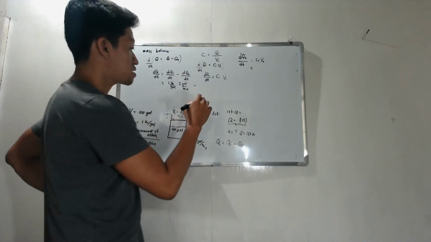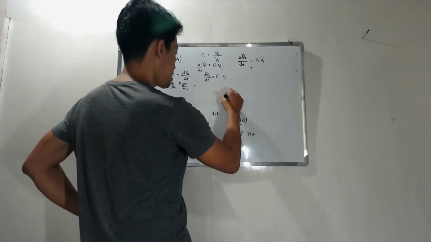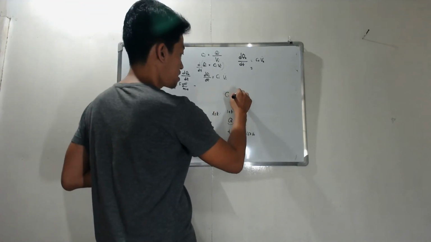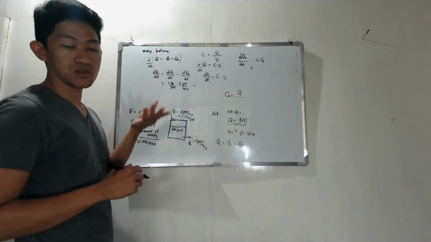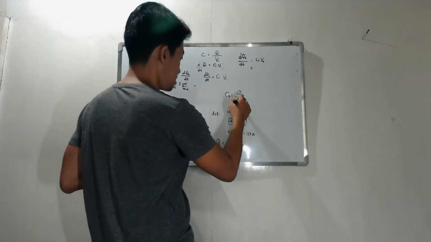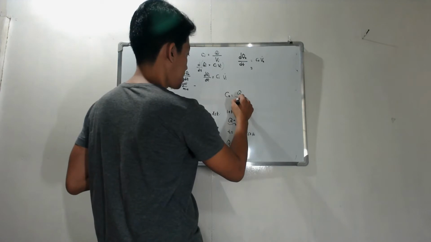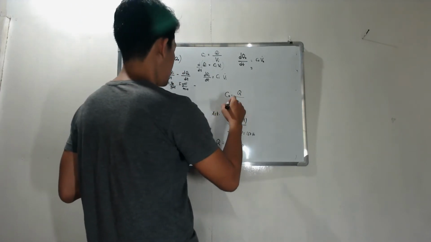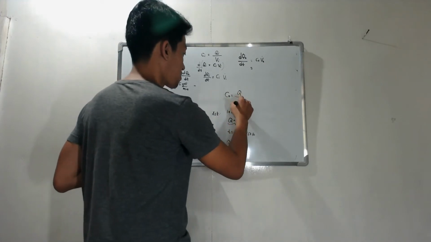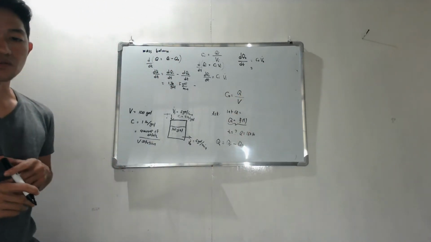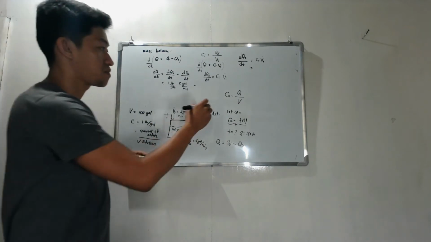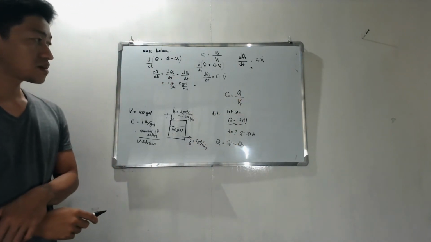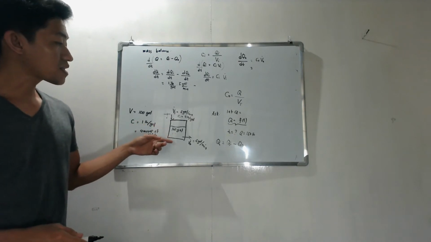So what is C_O? Again, concentration is just amount of salt over the total volume. Okay, so what is the total volume of the tank?